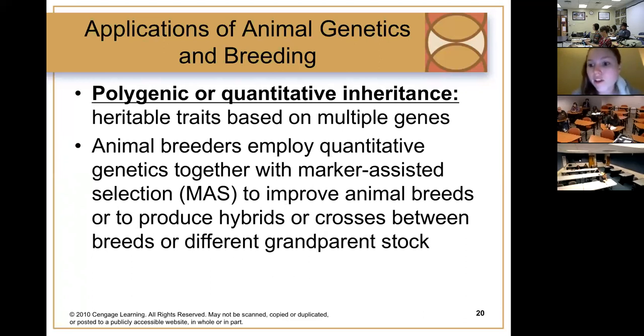Like if you know they're polled or horned and whether they're heterozygous or homozygous, you can determine which ones you want to breed to each other based on whether you want a large chance of polled offspring or you want horned offspring. So you can use this for many, many different things.